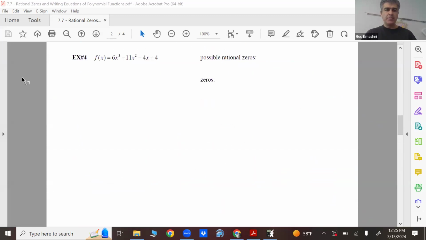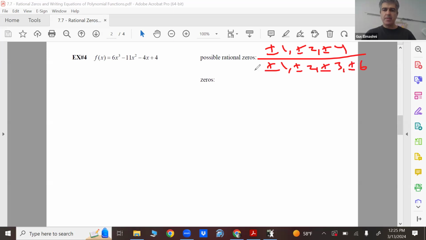So for 4, possible rational zeros: plus or minus 1, plus minus 2, plus minus 4 on the top. The bottom: plus minus 1, plus minus 2, plus minus 3, plus minus 6. So it's all those divided by 1, which is just what it is for the top.